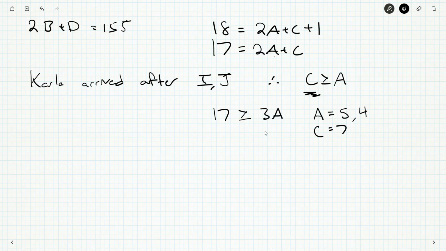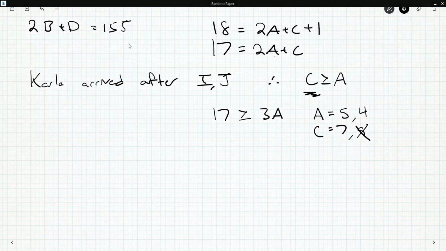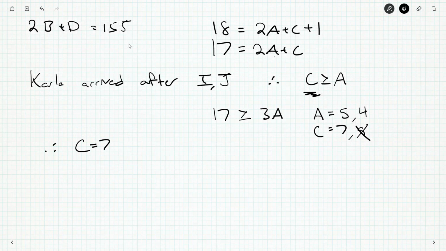If A is 4, then that's 8, and C has to be 9. That's impossible, because special pricing only happens between 4:30 and 7. So therefore, in this particular case, C is equal to 7. And A is equal to 5.